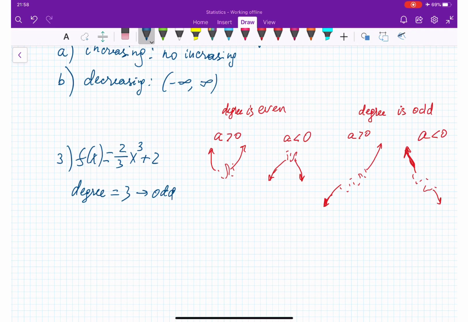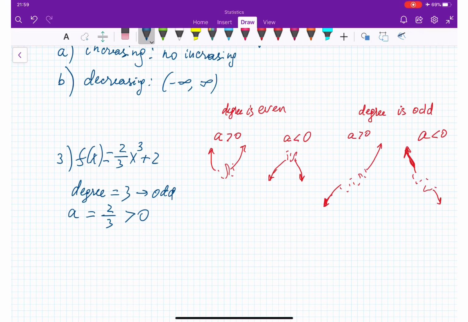Next, the coefficient A is 2/3, which is greater than 0.